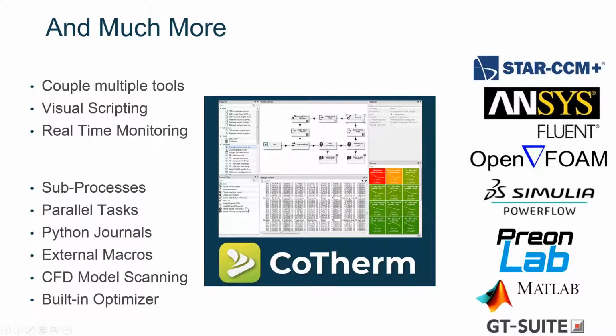So in a nutshell, it's a tool to couple multiple third-party tools through visual scripting. And one of the strengths is you can do real-time monitoring. So if you're running on an HPC, that's quite a powerful feature. And it also has additional features such as sub-processes. So you can have a process nested into another process.